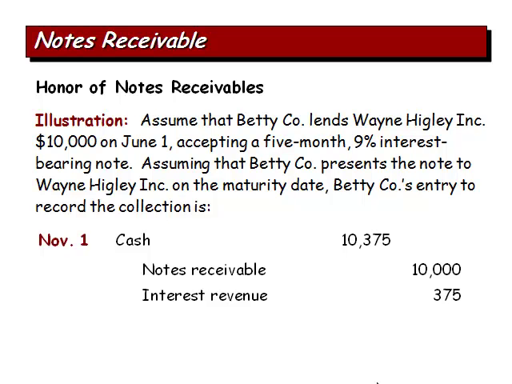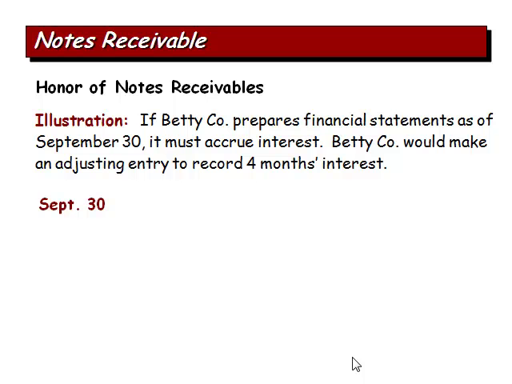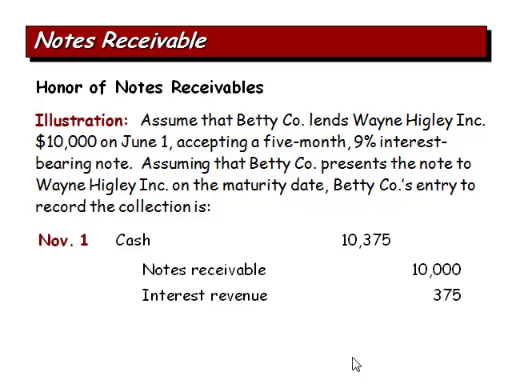That will eliminate the notes receivable balance, and a credit to interest revenue of $375. We get to $375 by taking the 9% times the $10,000 and then multiplying that result by 5/12. That will give you $375. You can check my math on that.